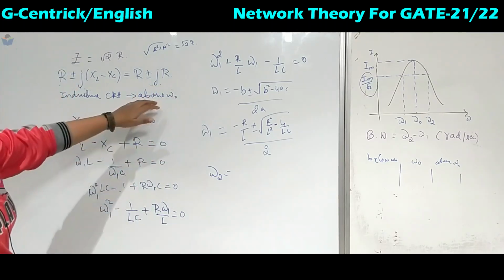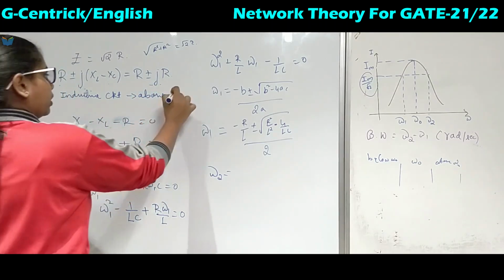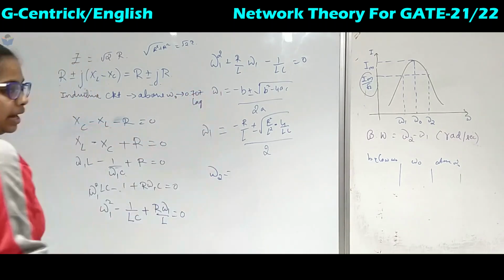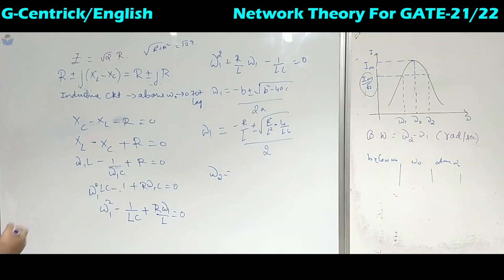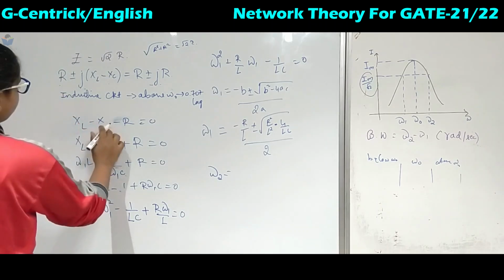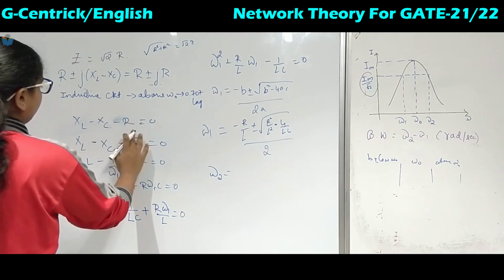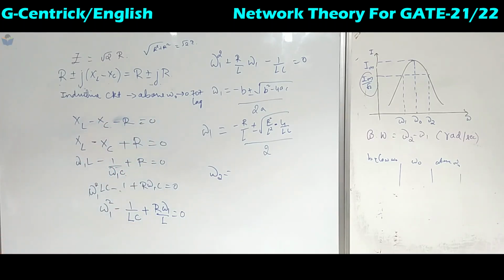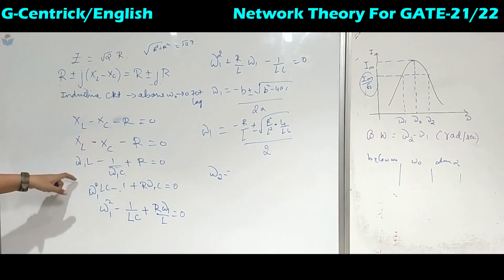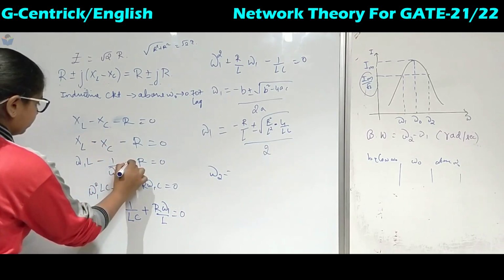Above the resonant frequency it will be inductive. What will be the power factor? 0.707 lag. Now it will be XL minus XC minus R equal to 0, right? So this will also be minus.